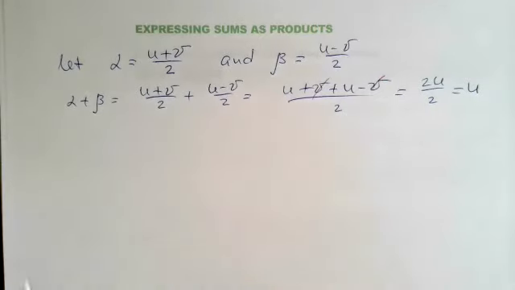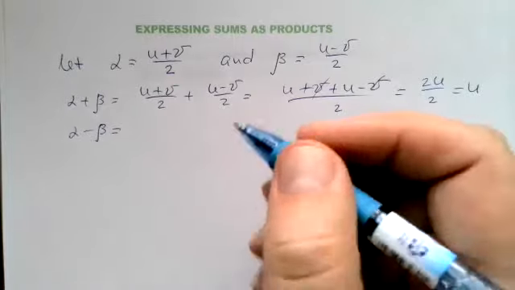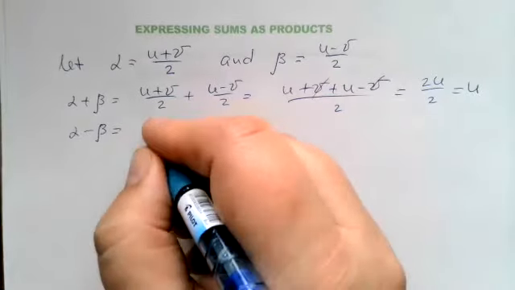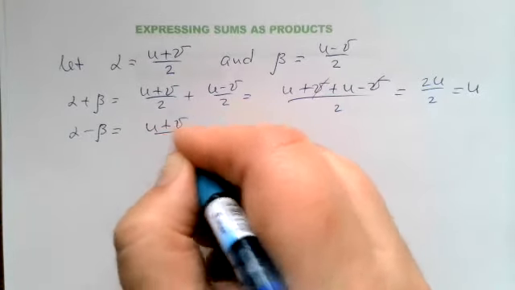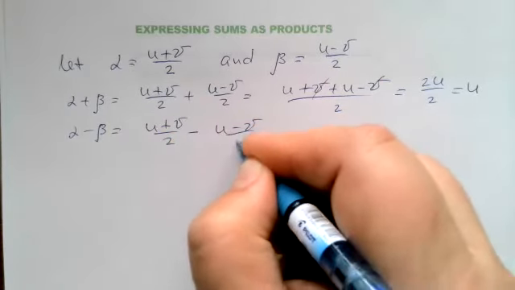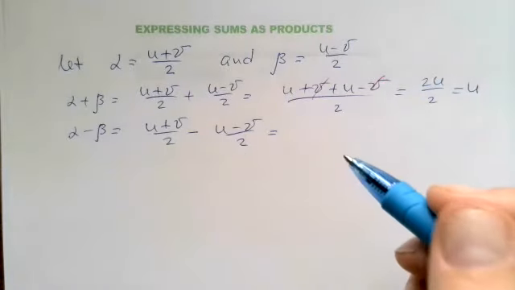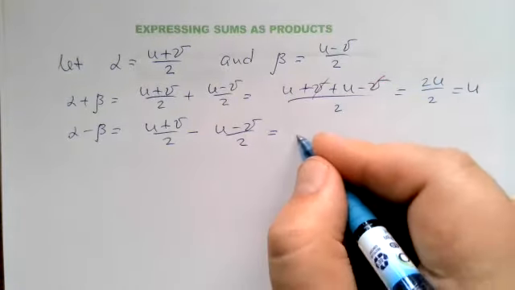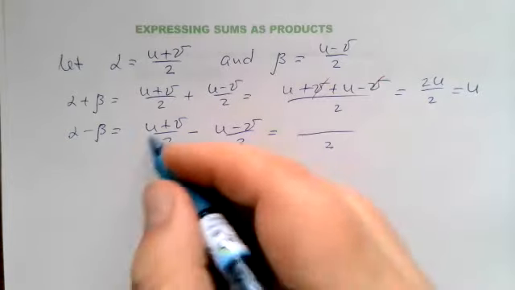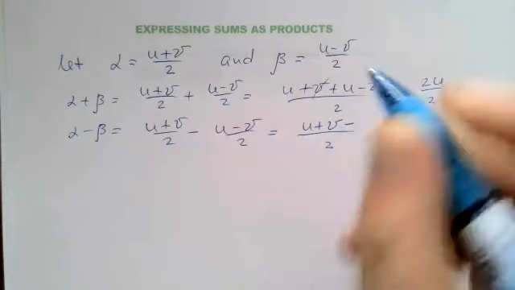Okay, so what happens when we subtract alpha minus beta? That will be (U plus V) over 2 minus (U minus V) over 2. Again, we combine these two fractions since we have the same denominator. In the numerator, we have U plus V minus.